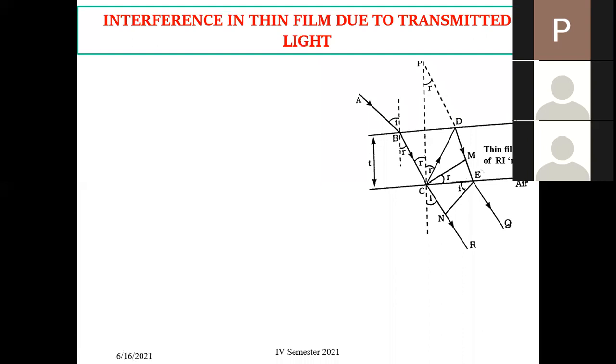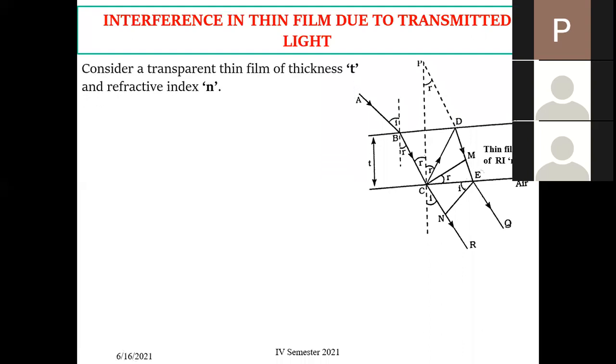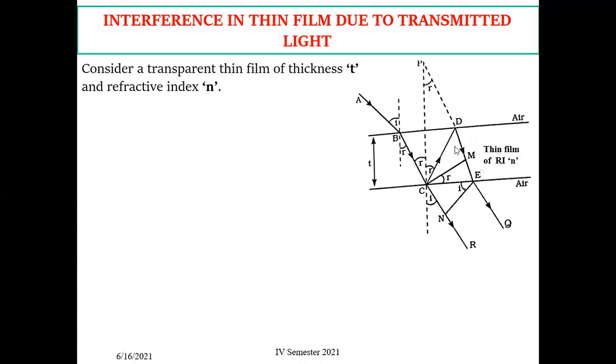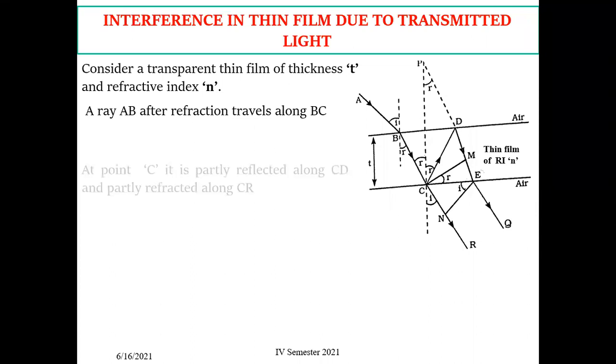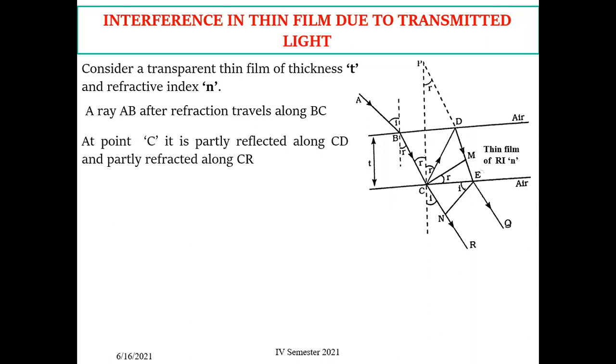Again, consider a thin transparent film which has thickness t and refractive index n. Suppose a light ray AB is incident on the transparent thin film. It is partially reflected and partially refracted, and the refracted ray goes along BC.